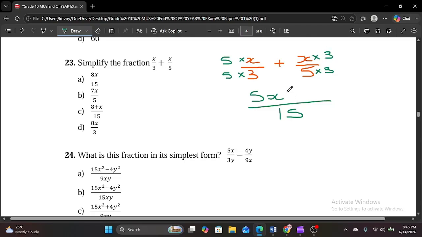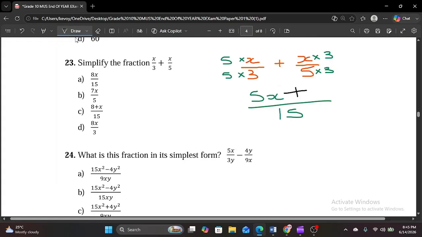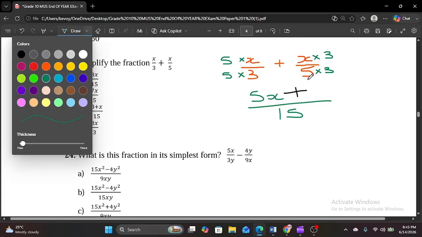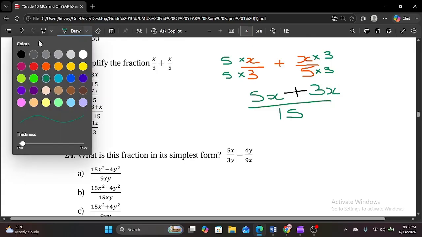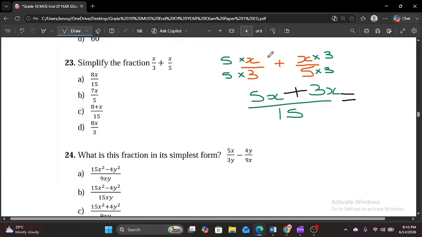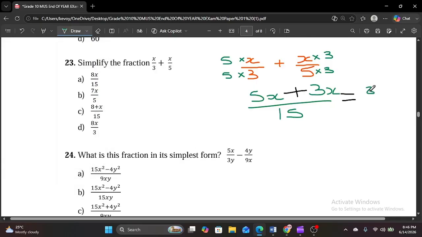So 3 times x, so plus 3x. All right, so 5x plus 3x, that's going to be equal to 8x. So 8x over 15. All right, so that's going to be your answer right there.